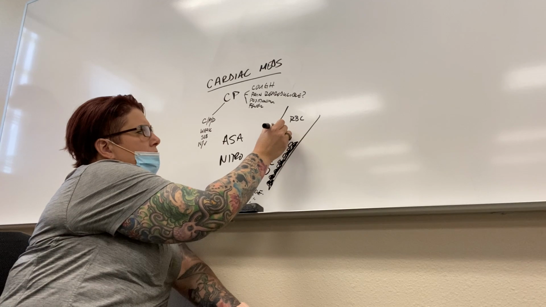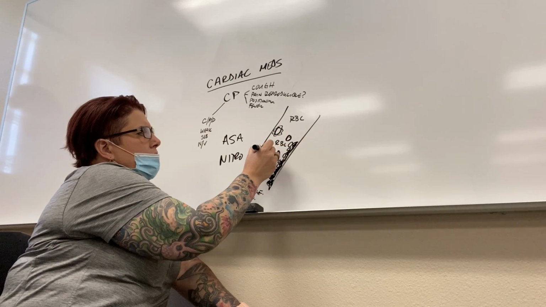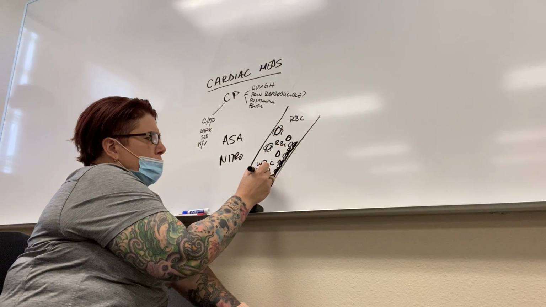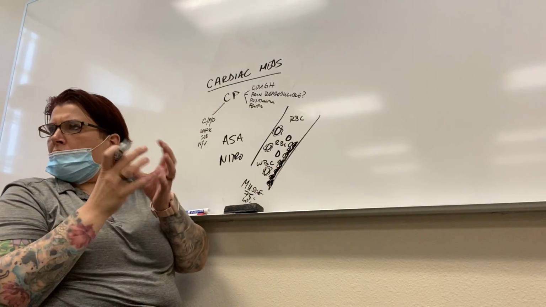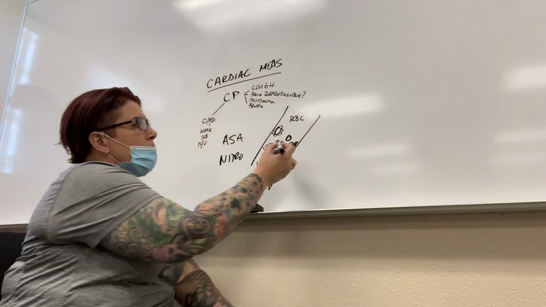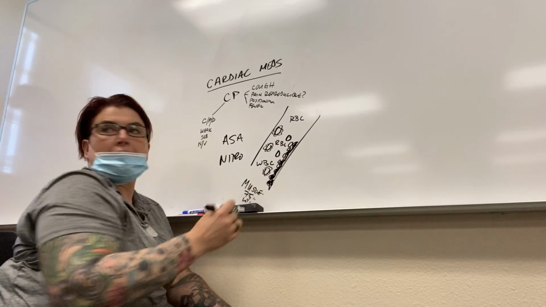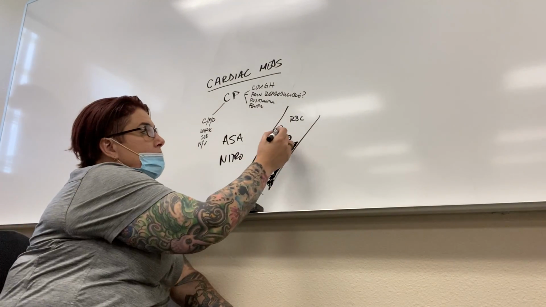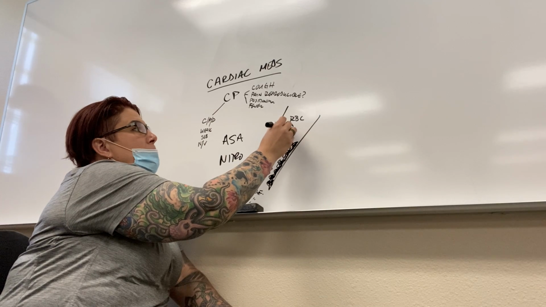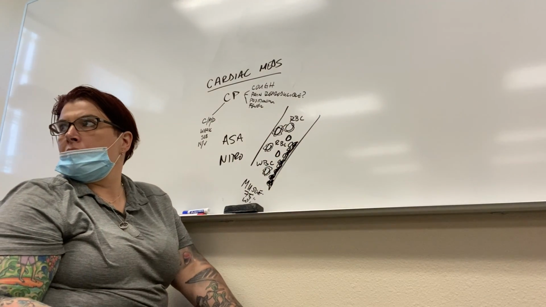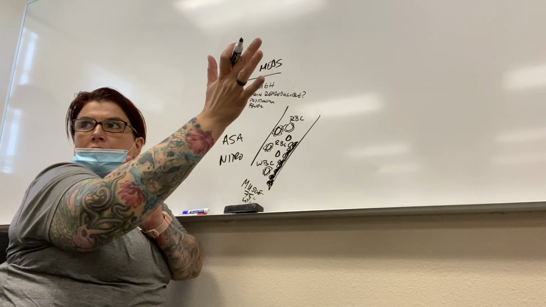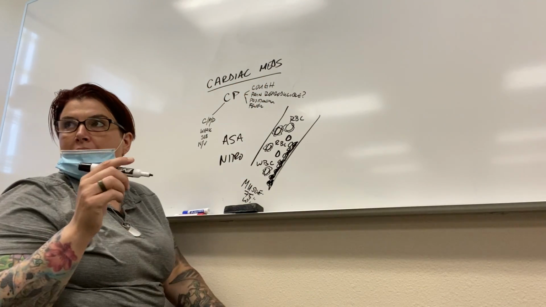If you can think that aspirin almost makes like a slick, almost like an oil, if you can think of it like that, right? So now it's just going to slide over this atherosclerosis, and they slide over each other. So now if this guy bounces off of this one, they're not going to stick together. They just continue to slide right on through. And that's why we give aspirin.